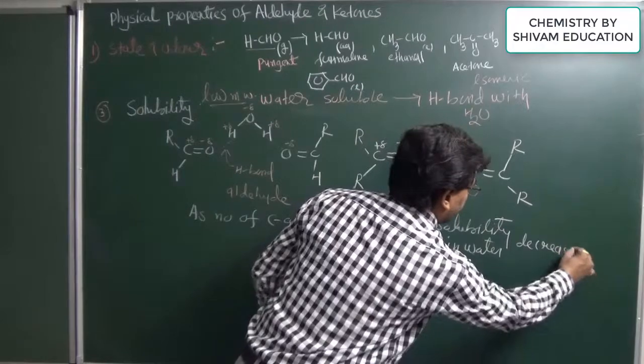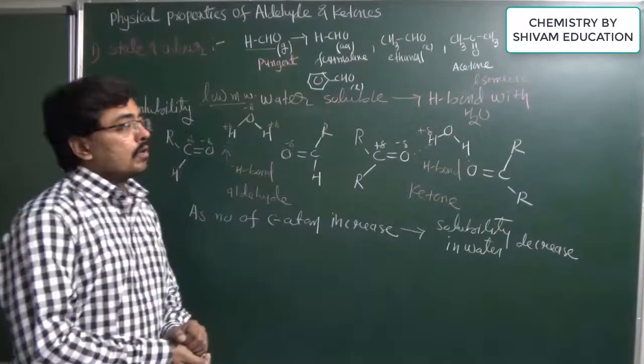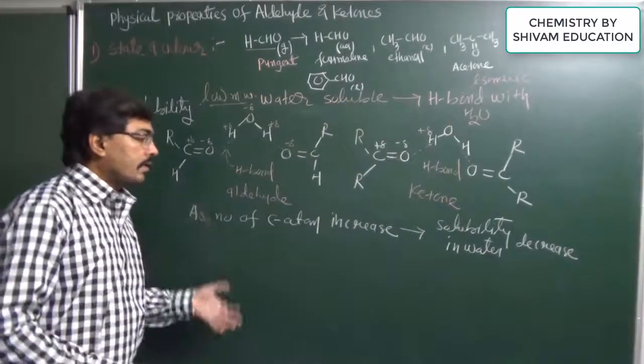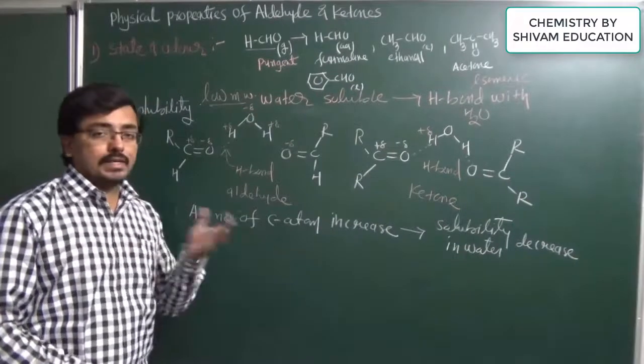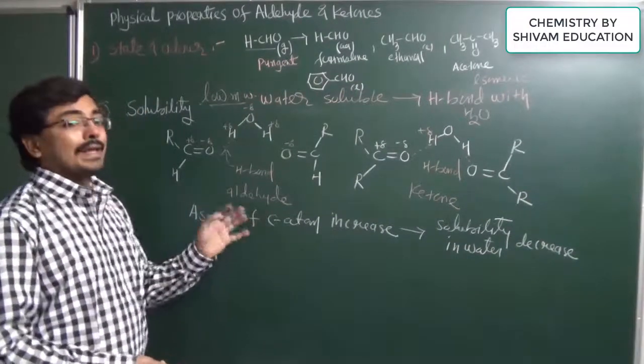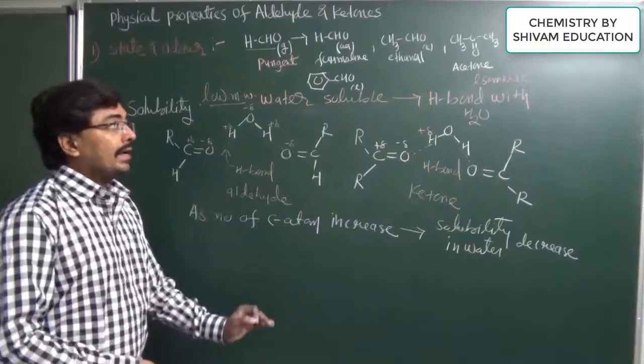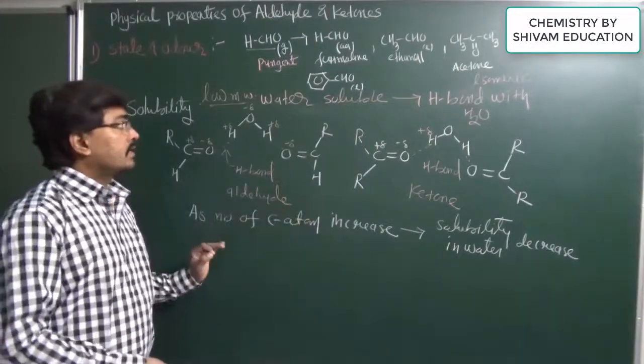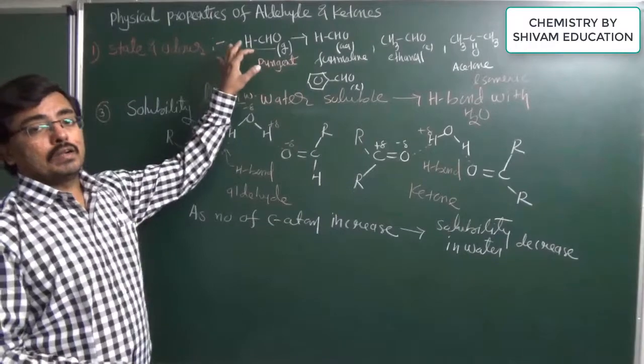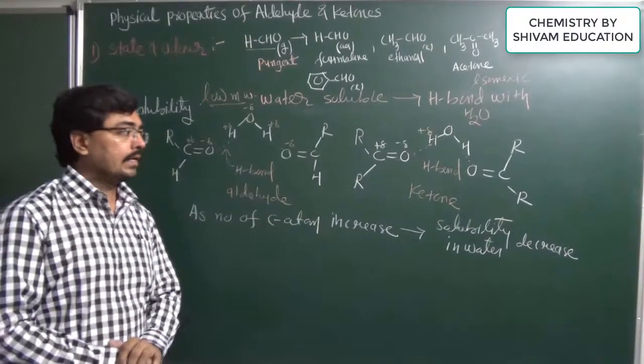So aldehyde as well as ketone are water soluble, but as the number of carbon atoms increases, their solubility will decrease. So aromatic aldehydes are less soluble in water as compared to aliphatic lower molecular mass aldehydes.